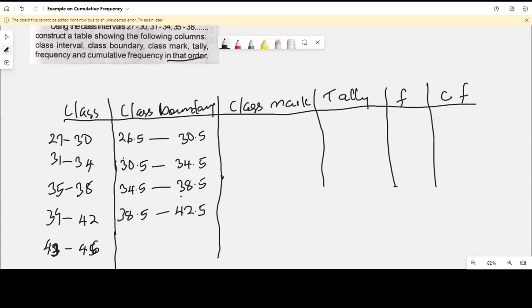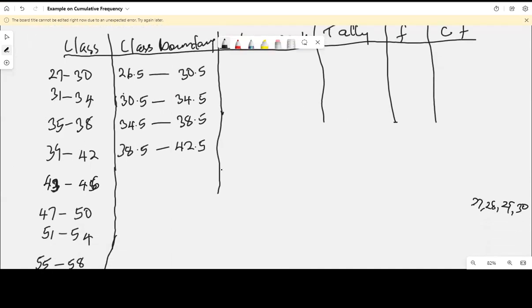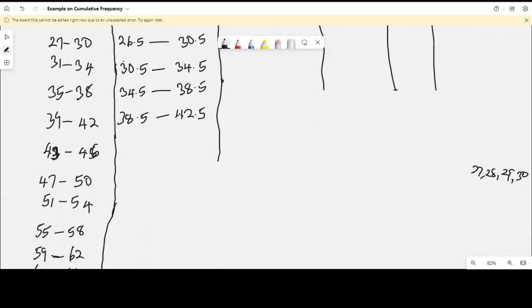Another way to look at it is the upper class boundary here forms the lower class boundary for the next interval. So you can do that. Just pick it instead of trying to crack your brain. So my lower class boundary here will be the upper class boundary in this interval here, which is 42.5, then to 46.5. Let me write it down.